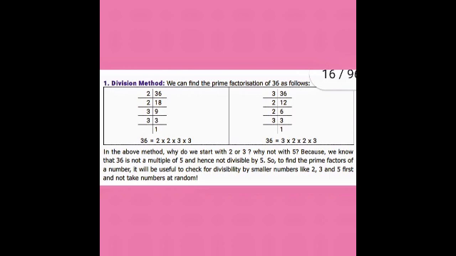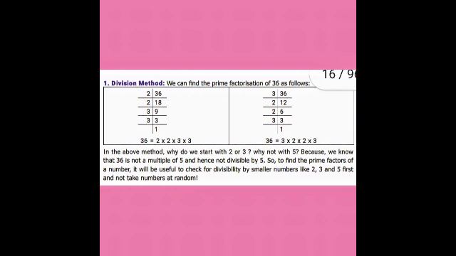Factorization gives many factors, but prime factorization gives only 2 and 3. So 36 is equal to 2 into 2 into 3 into 3. Yes, my dears, will you understand how to find the prime factorization using the division method?